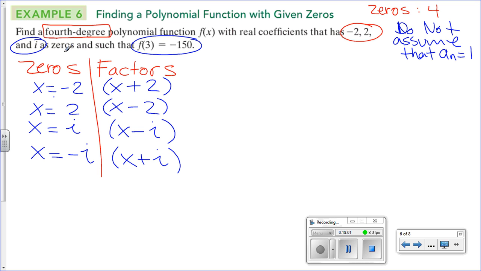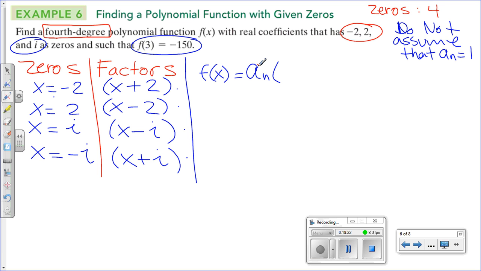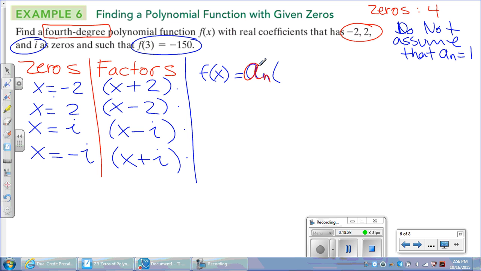So what we're going to do now is multiply all 4 factors because we know it's a polynomial of degree 4. Let me write this down first. We don't know what a sub n is yet, but we know what the factors are.